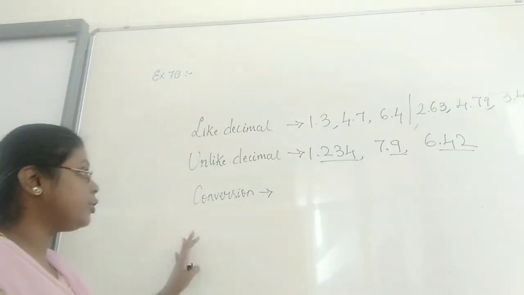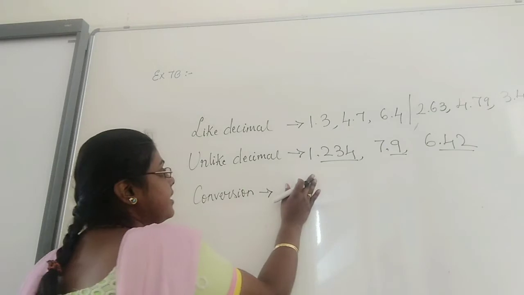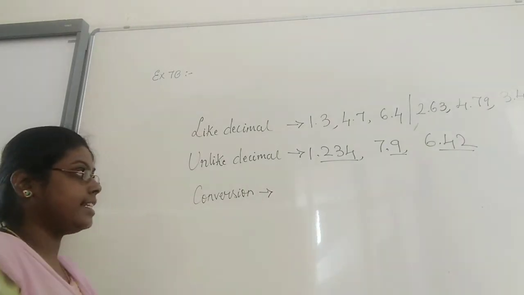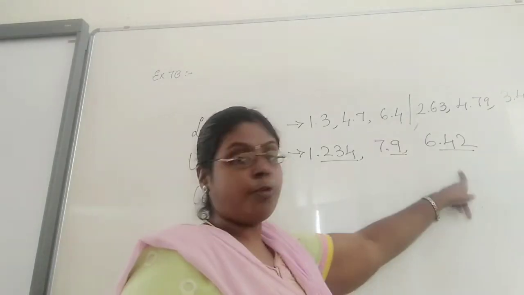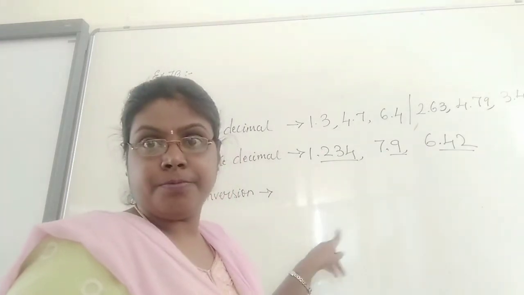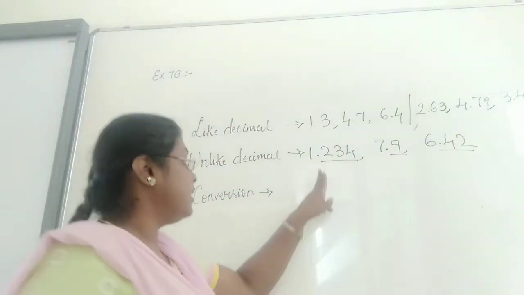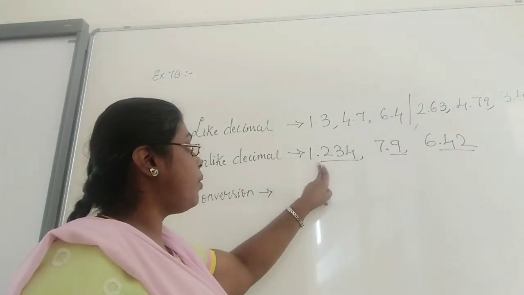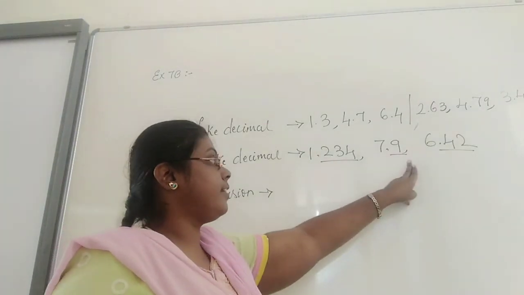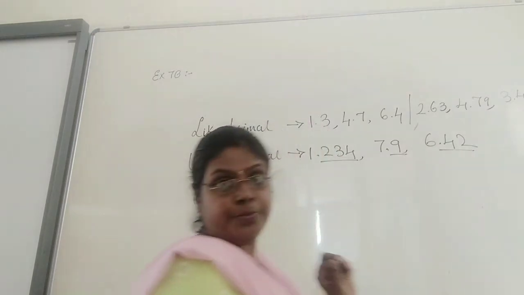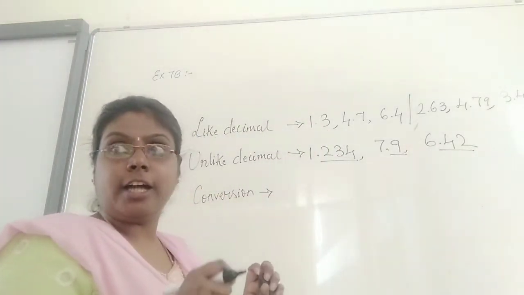Now you need to convert the unlike decimals into like decimals. We will take an example with these decimals itself. Here you see 1.234, 7.9, 6.42. Now you need to find out how many digits there are after the point.